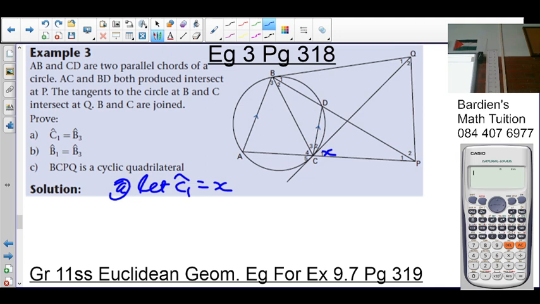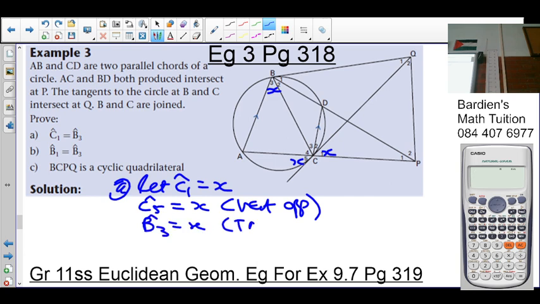C5 is equal to x. Why? Vertically opposite. So which other angle is equal to C5? B3. So B3 is equal to x, tan chord theorem. Therefore C1 is equal to B3, so the job is done.